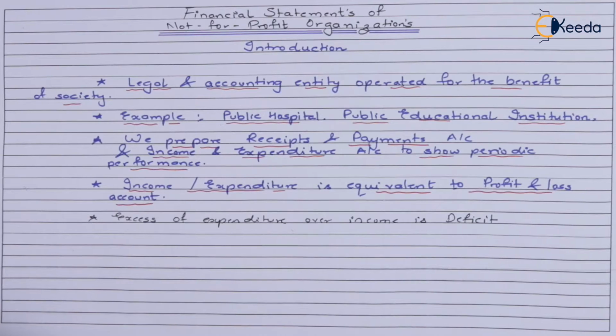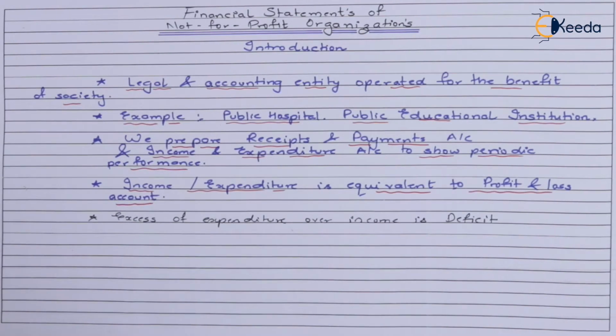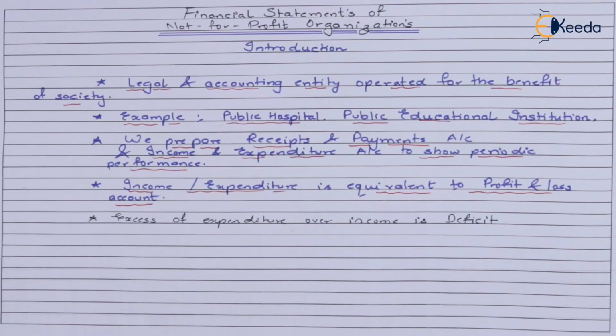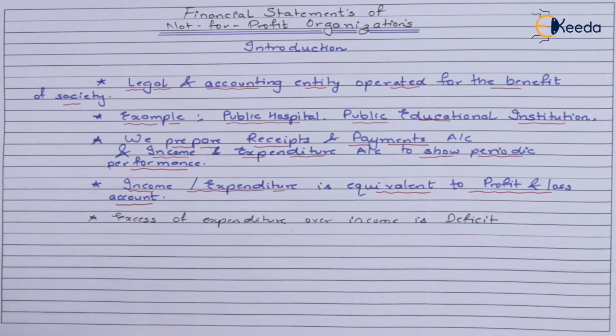Similarly, if you have an organization which is not running for its own profit, then you need to have at least a statement that will show what exactly is the income and what exactly is the expenditure, and that is the basic reason why the income and expenditure account is prepared in the first place.